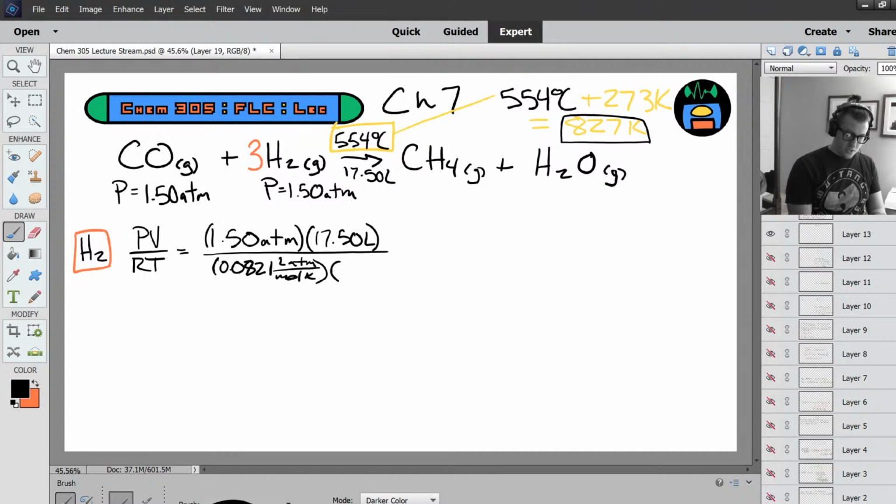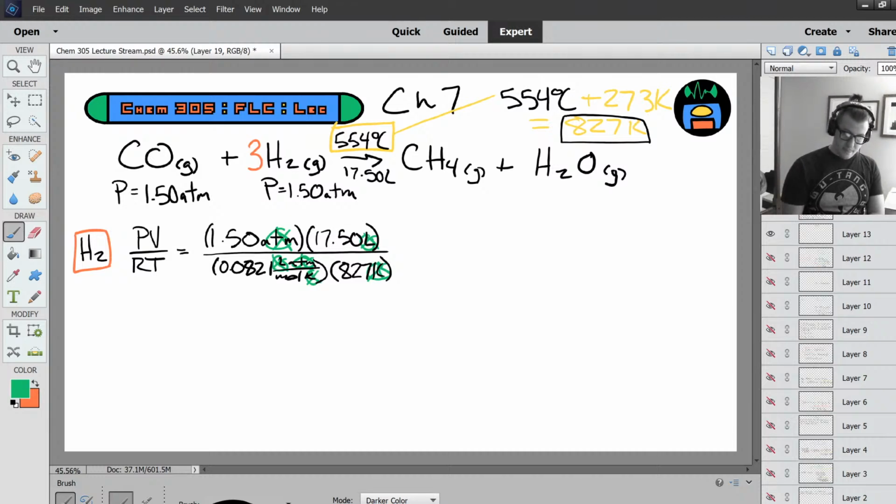And our temperature is 827 K. You'll notice Kelvin cancels Kelvin, liters cancel liters, atmospheres cancel atmospheres, leaving us with moles. All right, so 1.5 times 17.5 divided by 0.0821 divided by 827.